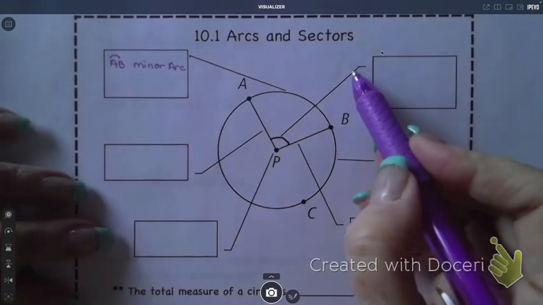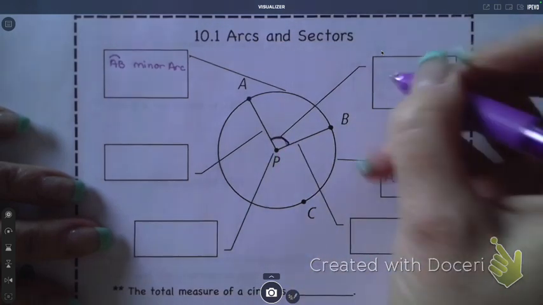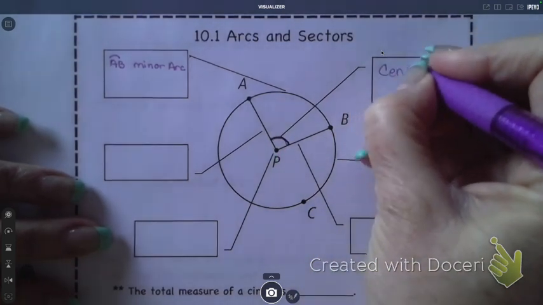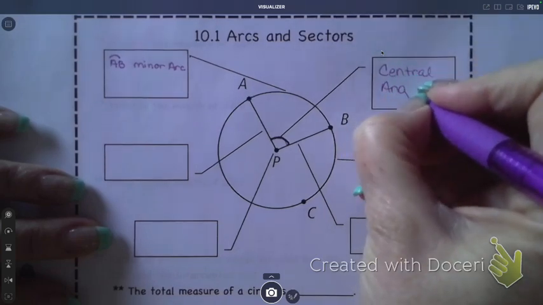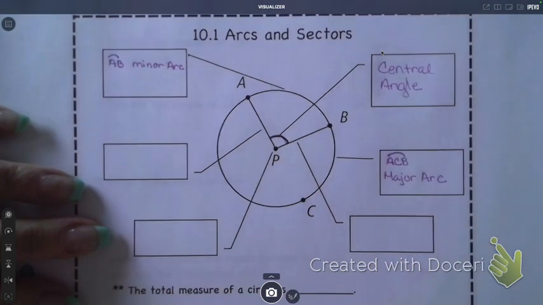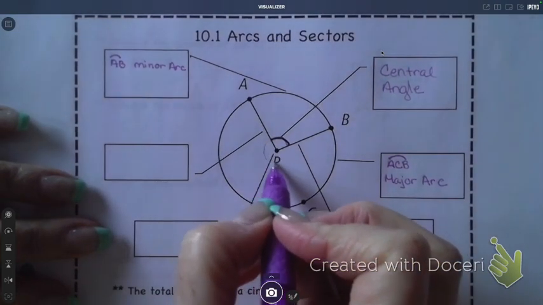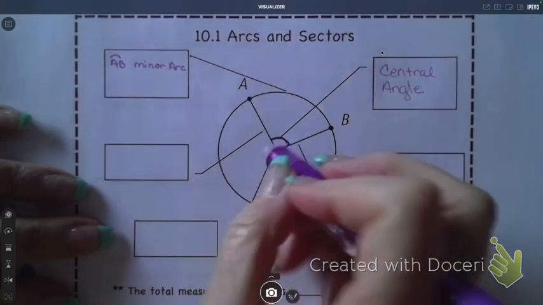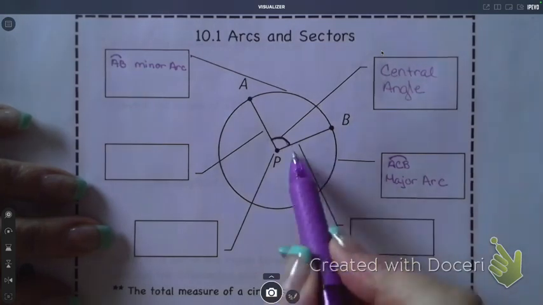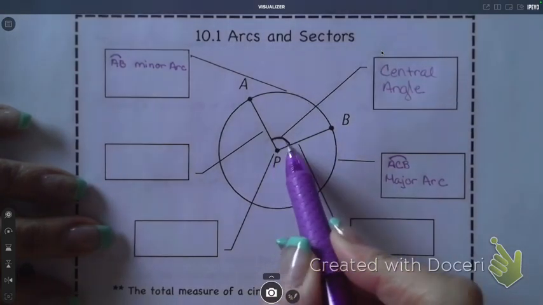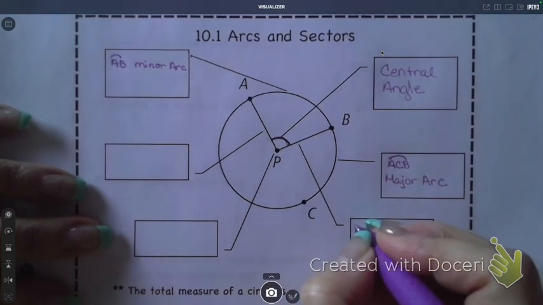This top arrow points to what is called the central angle. And there are two of them, because couldn't I do an angle here too? From P to B, what would that be? A radius.